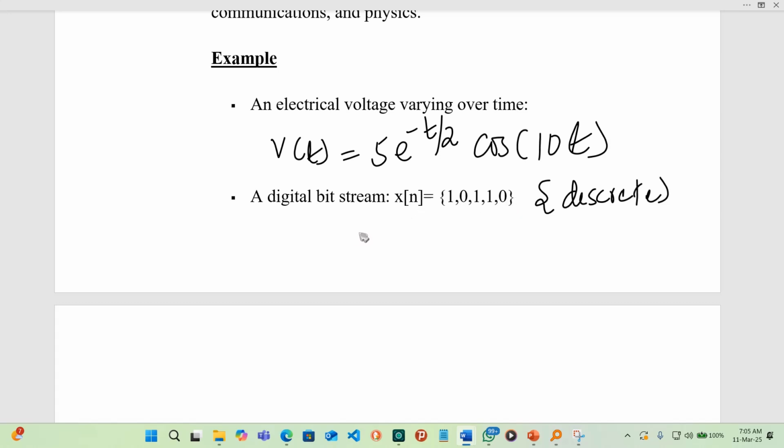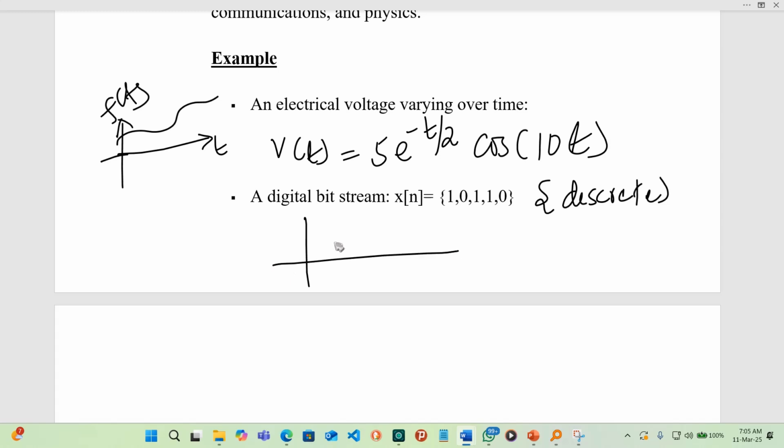In plotting this, if this is time and this is f(t) as a function, it can vary. But this one is going to have discrete points. You have a 1, now you have a 0, you have a 1, you have a 1, you have a 0.